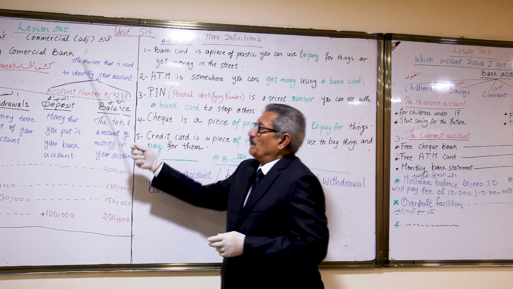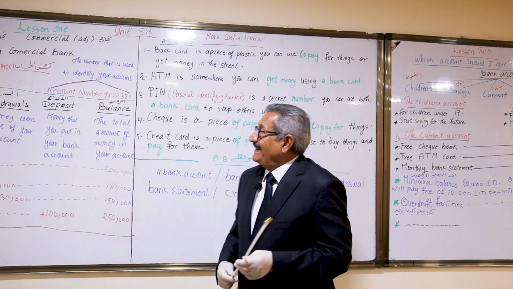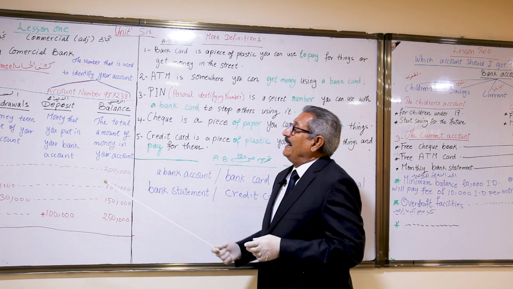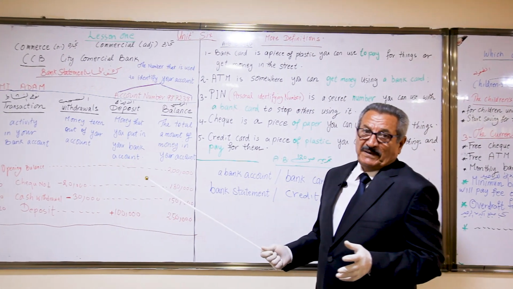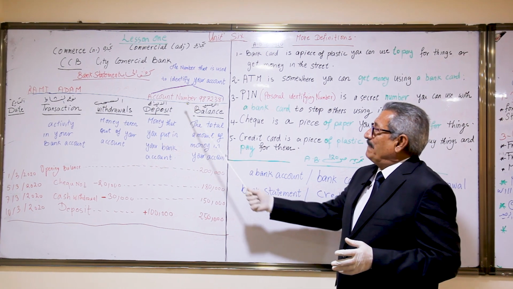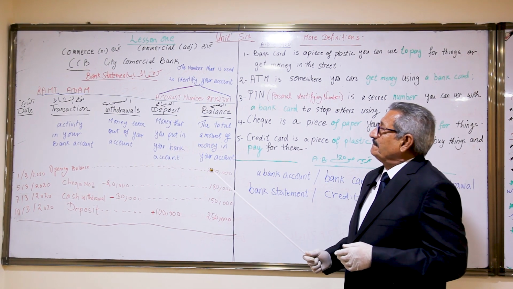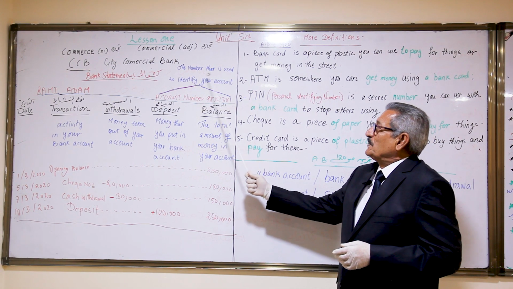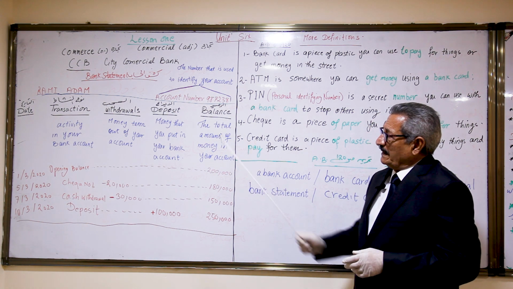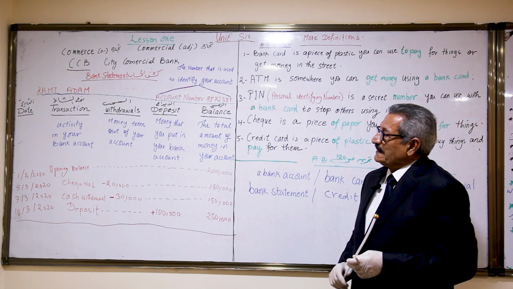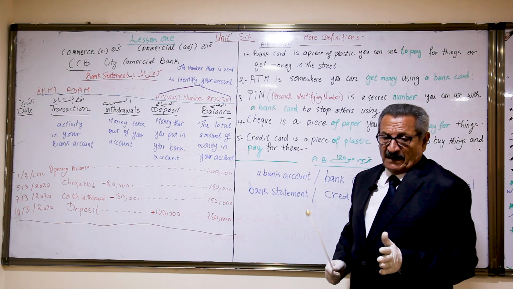This is lesson one. Lesson one in general deals with the bank statement, which has 5 definitions. Bank number, the number that is used to identify your account. Date, the time when you make your activity.